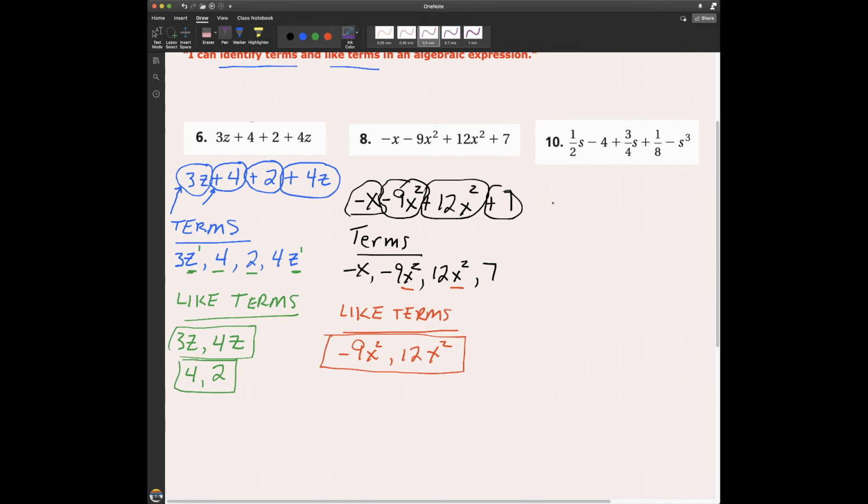All right, number 10: 1/2 s minus 4 plus 3/4 s plus 1/8 minus s cubed. I'm going to do this one differently. Let's just see if we can look at the problem and identify the terms and then the like terms without having to write it down. So 1/2 s, that's a term.